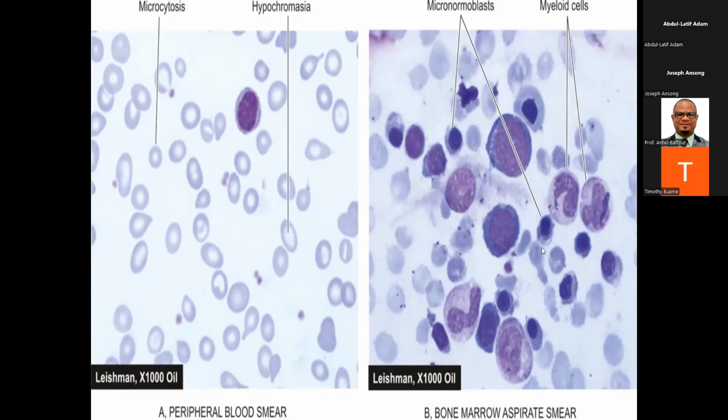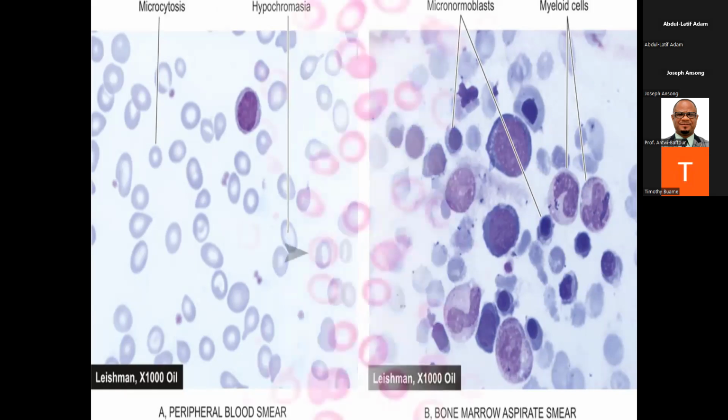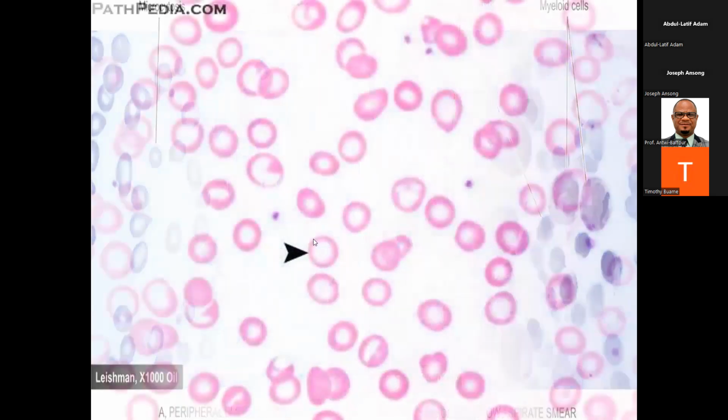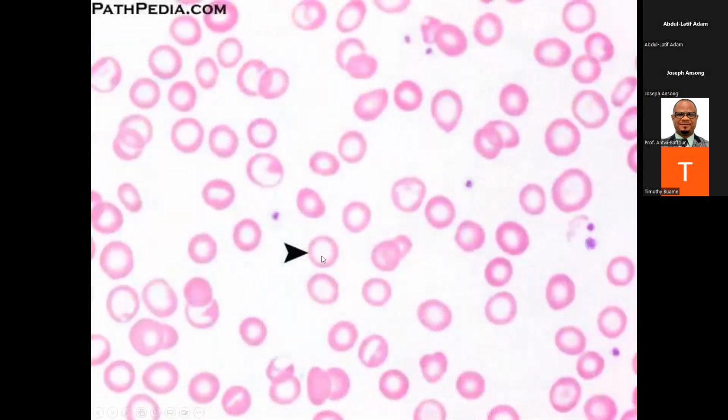So you have the cells here, that is the bone marrow, and this is the peripheral blood. Look at the large central pallor. There's very little hemoglobin in the center of the cell. Another one here, almost the entire cell has no hemoglobin.